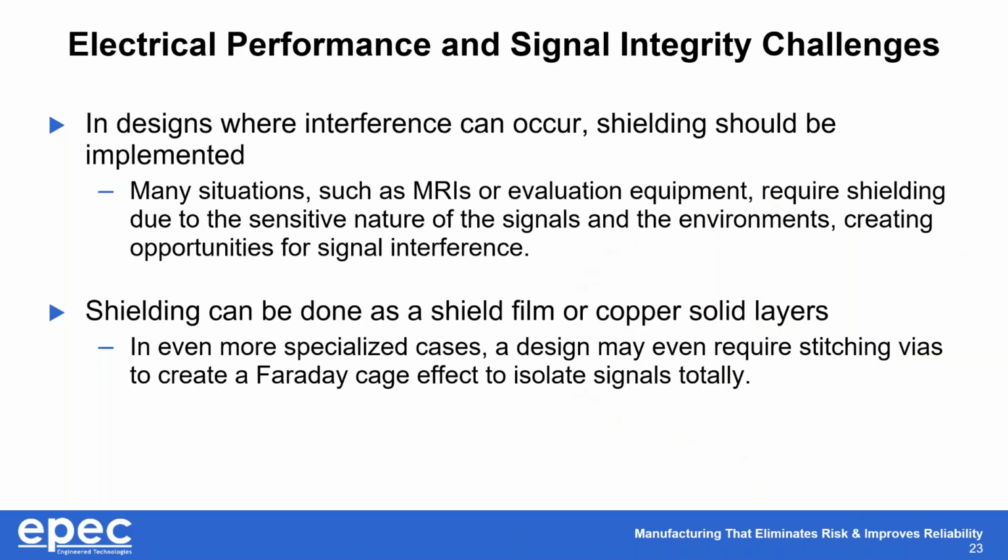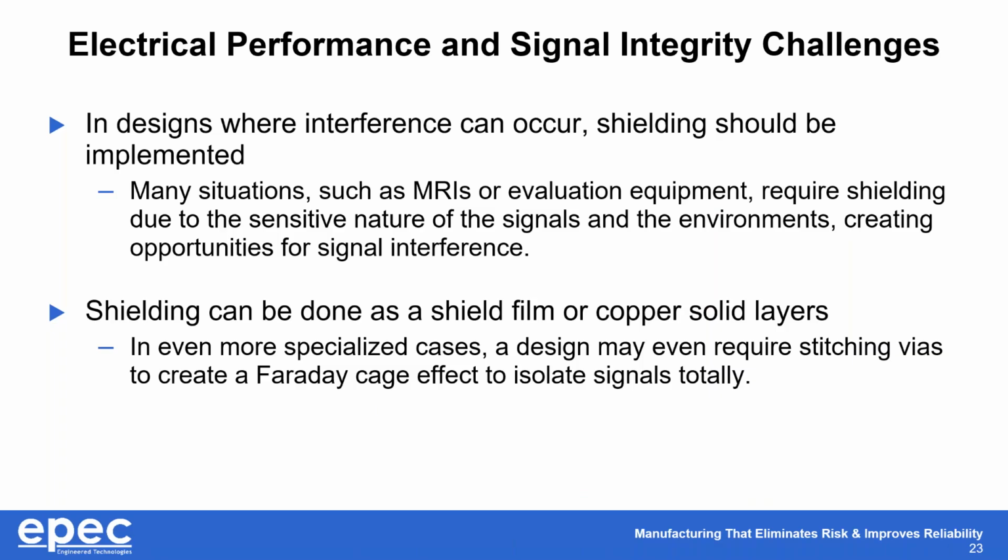And then speaking on shielding, designed where it might be required or where interference might occur, like I was saying, MRIs, evaluation equipment, things of that nature, you're trying to keep signals out or signals in, and you're trying to make sure that no erroneous results are introduced. And so you'll end up using shielding film or copper solid layers, essentially preventing that interference from interjecting into your design whenever it's undergoing any testing or use in the field.